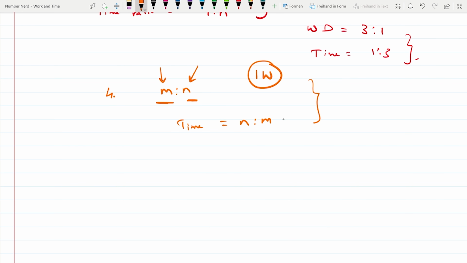This is also very important. Let's take an example. We have 5 members to complete a work in the first case, and in the second case we have 4 people. So the ratio is 5:4. It is the number of men required for the task in two different cases. Then the time taken to complete the same task will be 4:5.